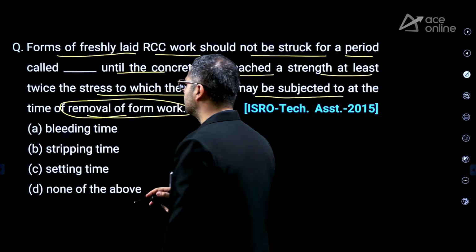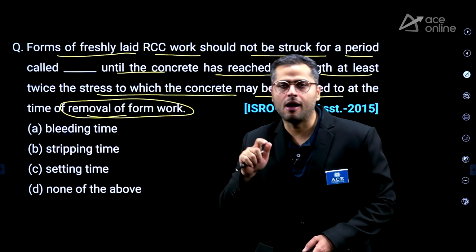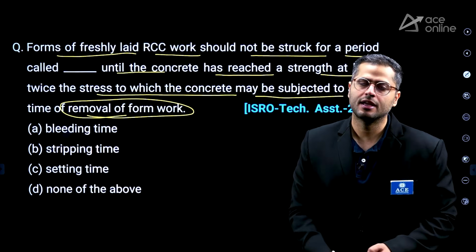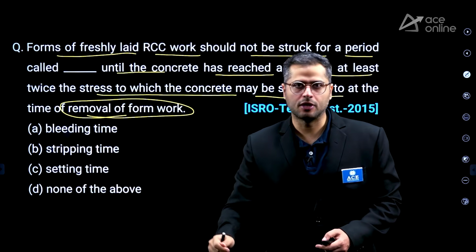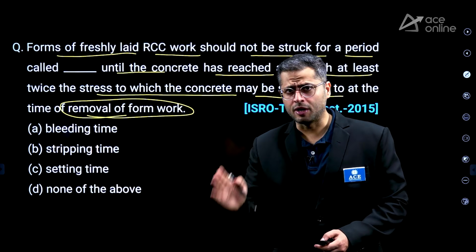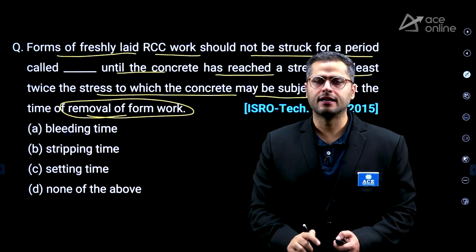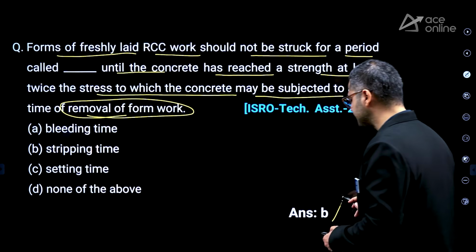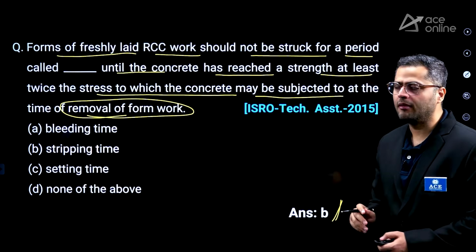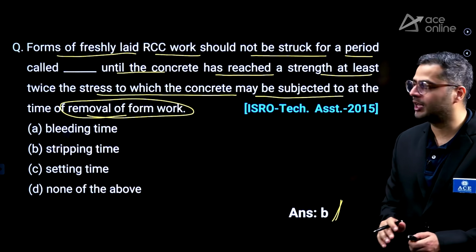So over here they are talking about after how much time it is prescribed in IS 456-2000 to remove the formwork, right? The time corresponding to that is stripping time. So keep this in mind.